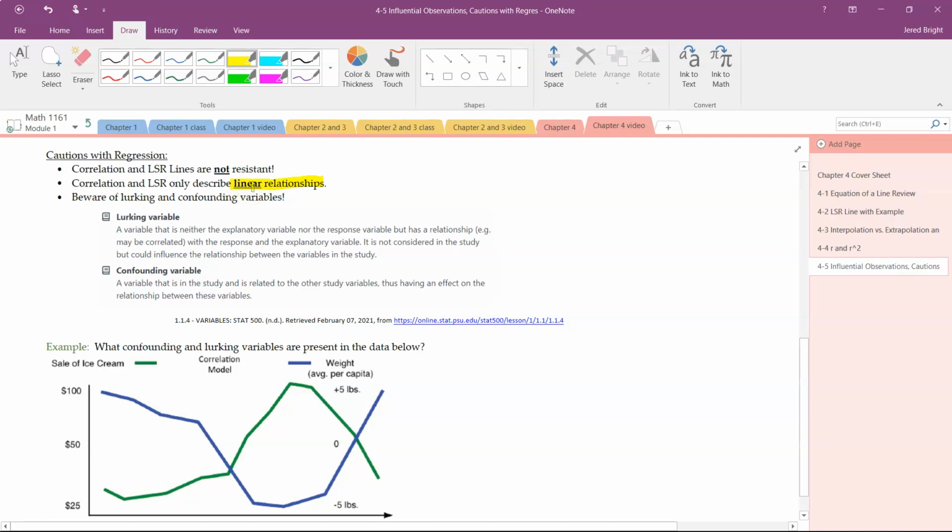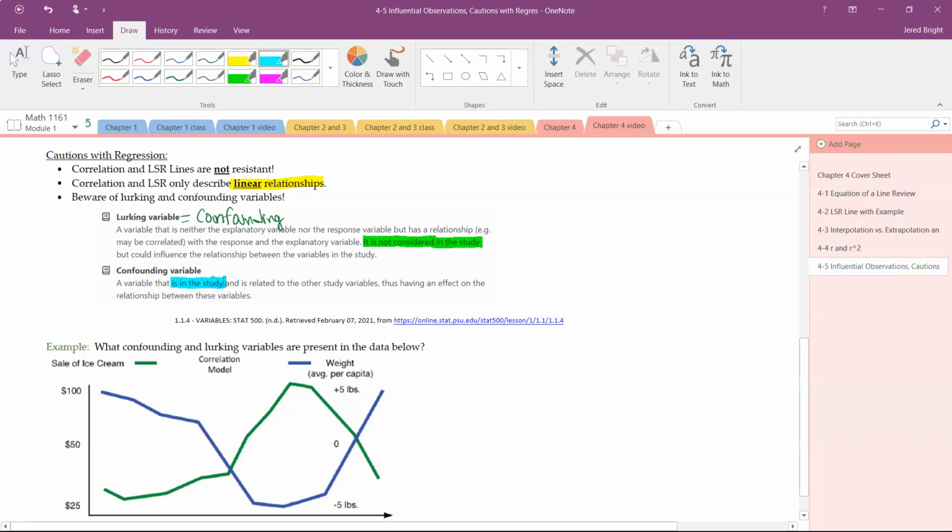Then beware of confounding and lurking variables. In our previous work, we actually defined these to be the same, but the textbook is pulling them apart. We previously defined a lurking variable as a confounding variable. The big difference in the definitions here is that a lurking variable is not originally considered in the study, whereas confounding is in the study.